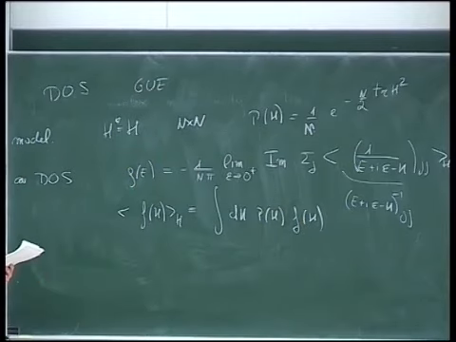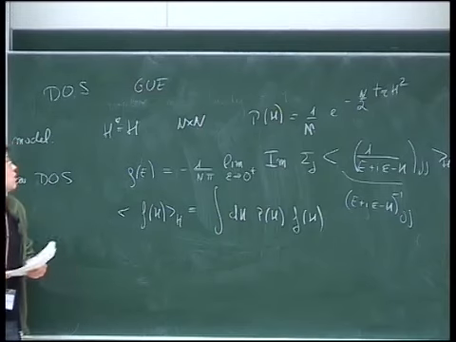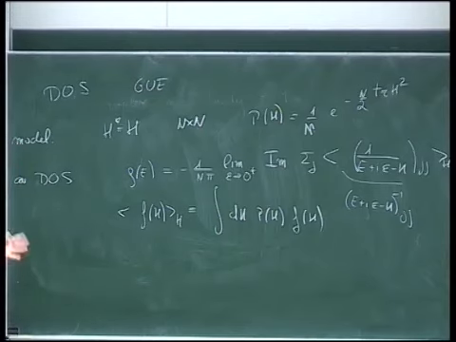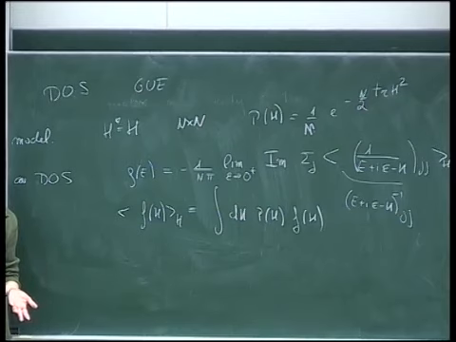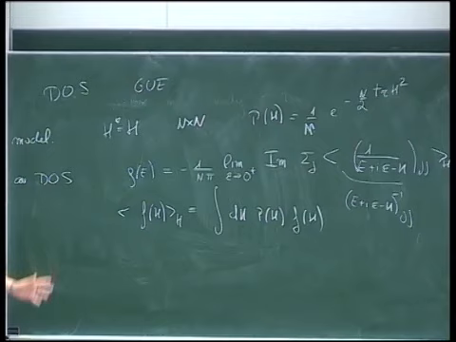And what else? Well, I have just told you that in the case of GUE, you have both statistical independence and invariance under unitary rotations. So in the case of GUE, you can use other techniques. And actually, people study GUE in all possible ways.